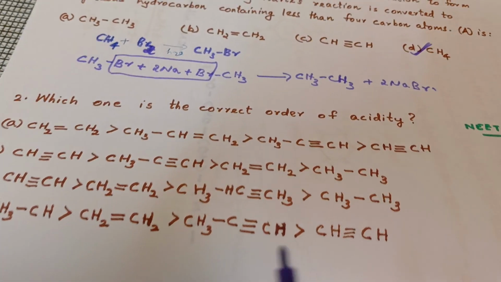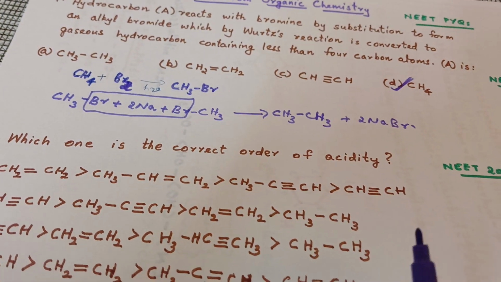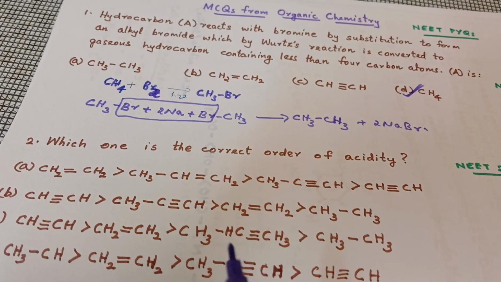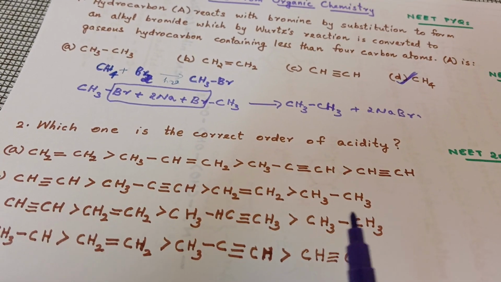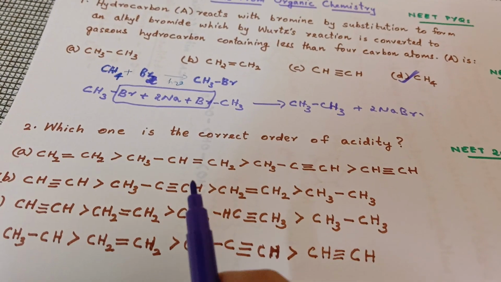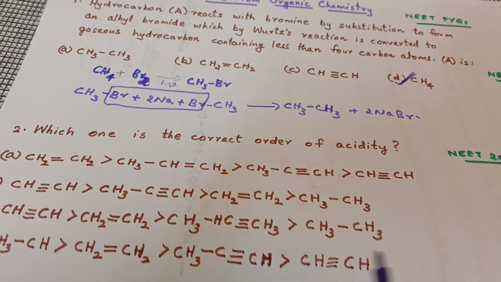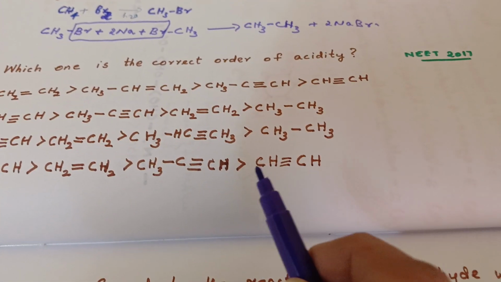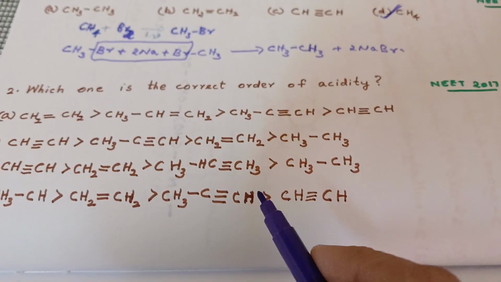Next question is, which one is the correct order of acidity? So here we are given alkynes, alkenes, a substituted alkyne and an alkane. Let us see. These are all hydrocarbons.